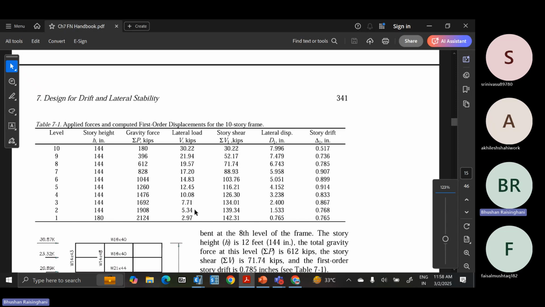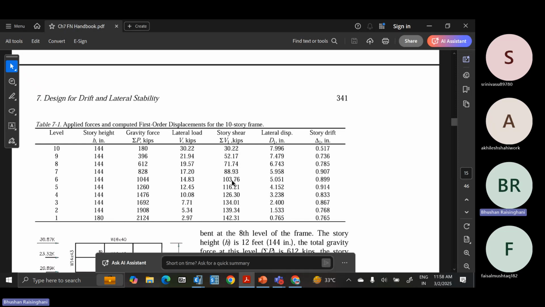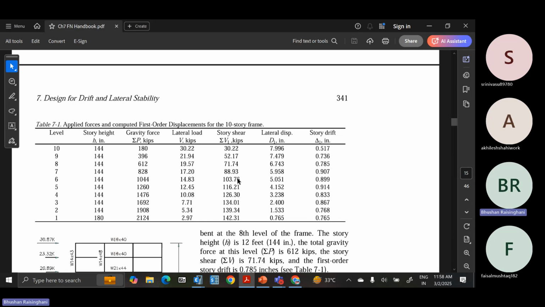So the same you have to create in an Excel sheet in any system. And from that story drift, you can find out from this displacement, 7.996 minus 7.479 inches, you will get 0.517. Same, you can just obtain the story drift, so delta i minus 1.